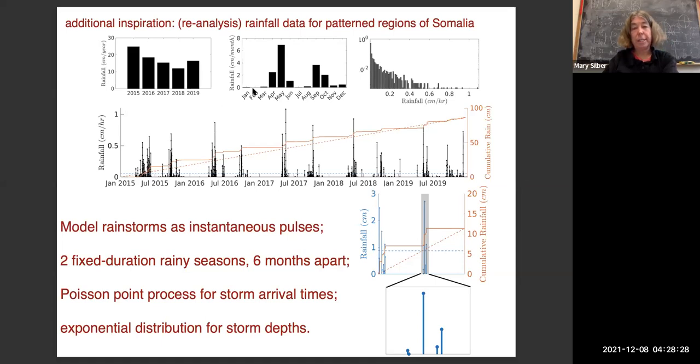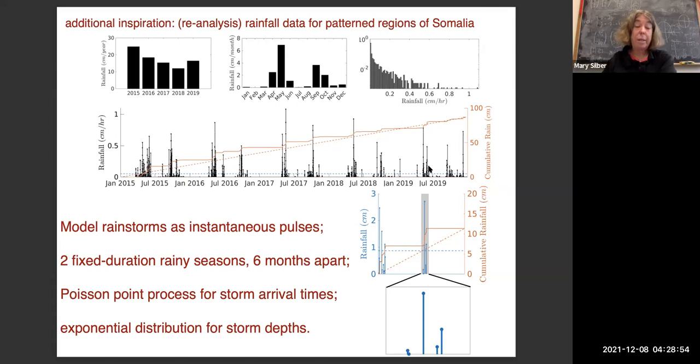And if you look collected into months, you can see that in this region there are 2 rainy seasons per year. And there's some distribution of rainstorm strengths. This histogram is showing the strength of the rainfall, in centimeters per hour, I think, or centimeters per half hour, that's available at this NASA website where Puneet gathered this data.